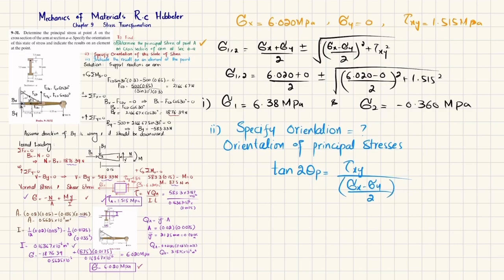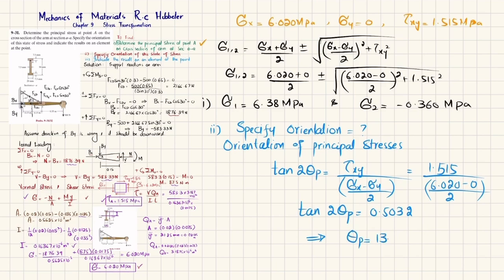Clear? So put the values. Tau is 1.515 divided by 6.020 minus 0 divided by 2. So you will get tangent of 2 theta p will be equal to 0.5032.